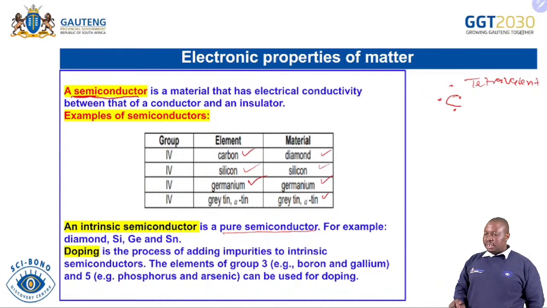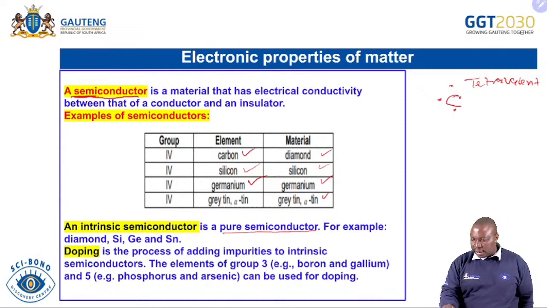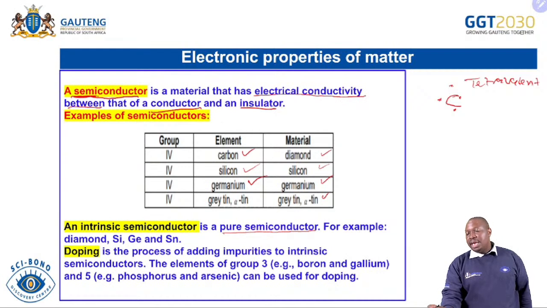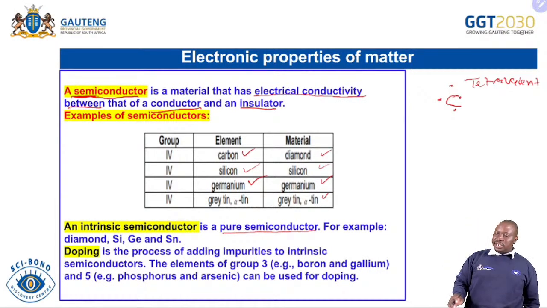Let me refresh your memory. The first thing is, what is a semiconductor? We said it's a material that has electrical conductivity between that of a conductor and that of an insulator. So the key word there is electrical conductivity between conductor and insulator.